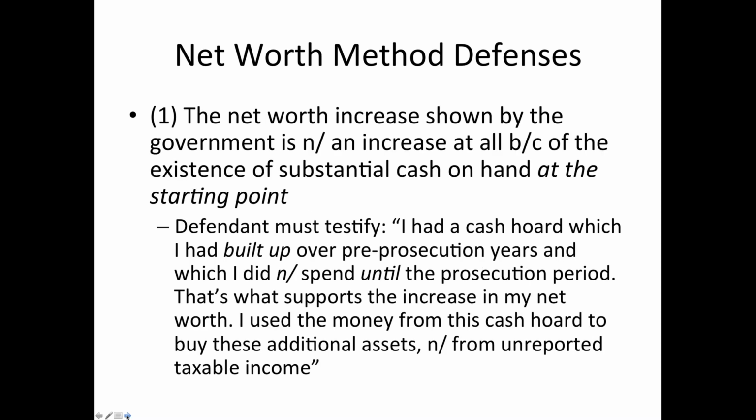So first, the net worth increase shown by the government is not an increase at all because of the existence of substantial cash on hand at the starting point. Now, let me stop right here and preface this.